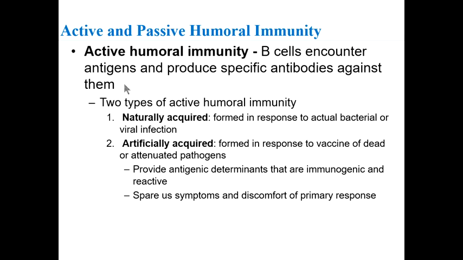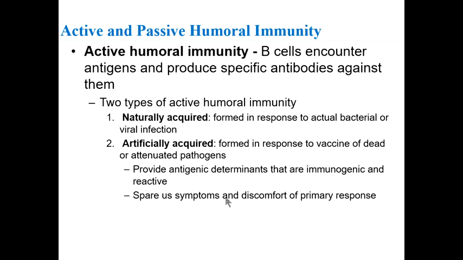Now, we could obtain active humoral immunity artificially through vaccines of dead or attenuated, this means weakened, pathogens. So vaccines are a way to give the person the antigen, but not through a natural means, through an injection, typically.